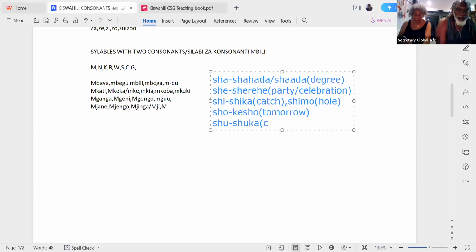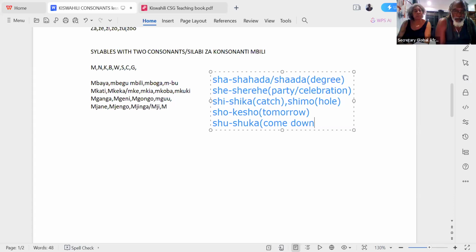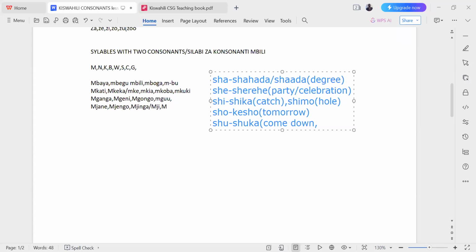Shuka means to come down. But shuka can also mean this thing women put on. What do you call it? A scarf? A head wrap? A hijab? It's not a hijab. It's the thing women use to carry kids at the back. Oh, like a sling. Yeah, something like that. That's what you call shuka as well.